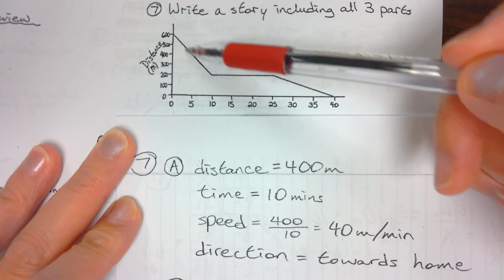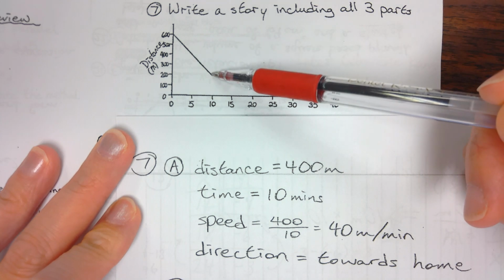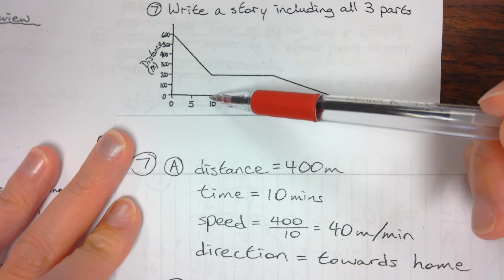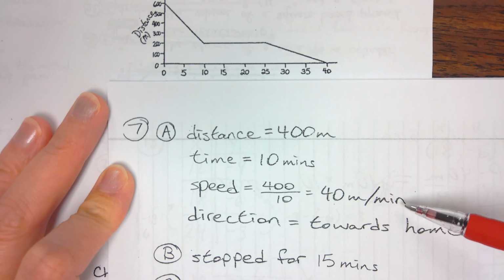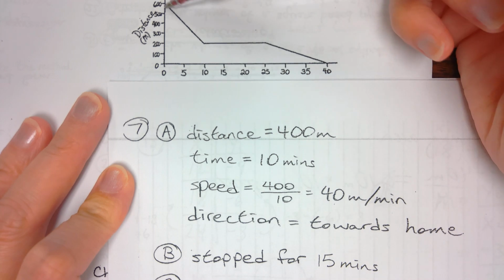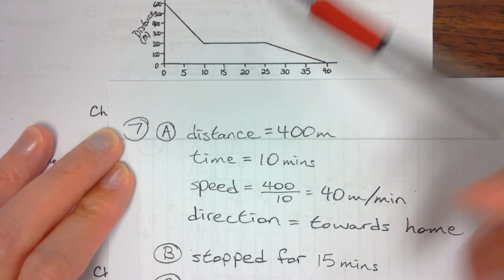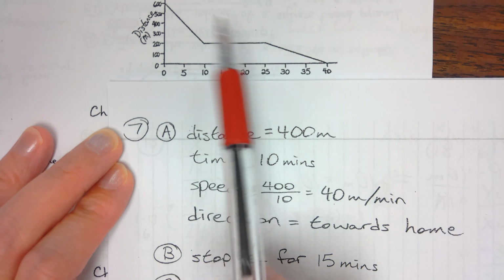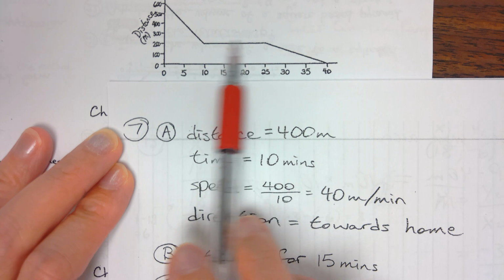So just segment A right here. The distance traveled is 400 in 10 minutes. So when you divide it, distance divided by time, you get 40 meters per minute. Direction going towards home, okay? Not going down a hill. This is not a flat surface road. So going towards. What are horizontal lines?